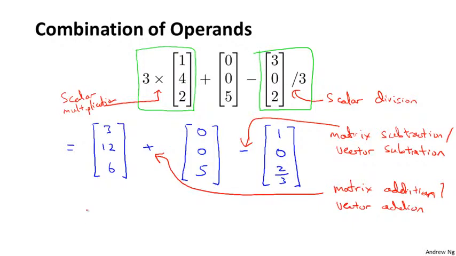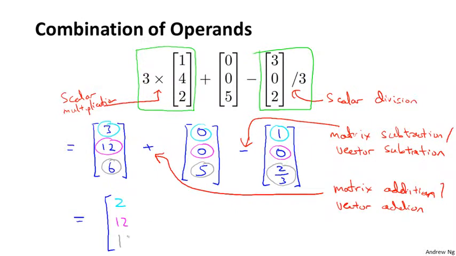And finally, to wrap this up, this gives me a vector whose first element is 3 plus 0 minus 1, so that's 3 minus 1, which is 2. The second element is 12 plus 0 minus 0, which is 12. And the third element is 6 plus 5 minus 2/3, which is 11 minus 2/3, so that's 10 and 1/3.